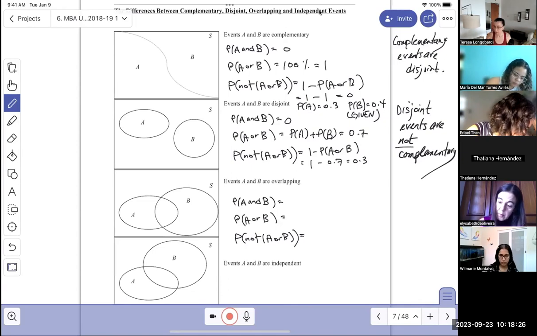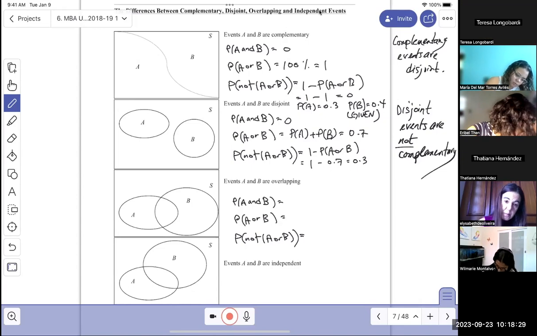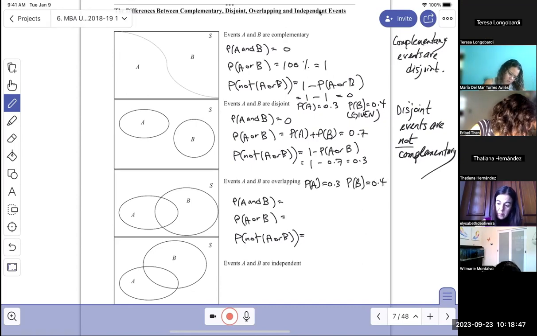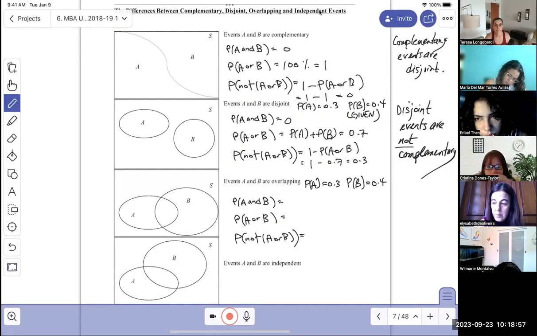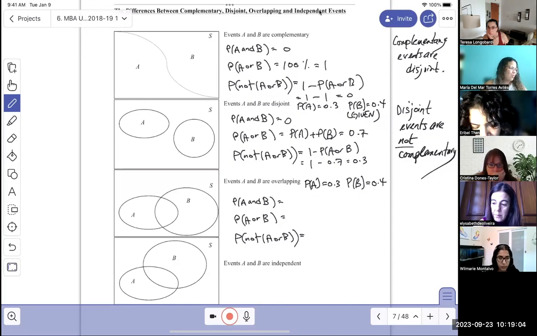Okay, so now try the third one. In this one, I haven't given you the overlap value yet.